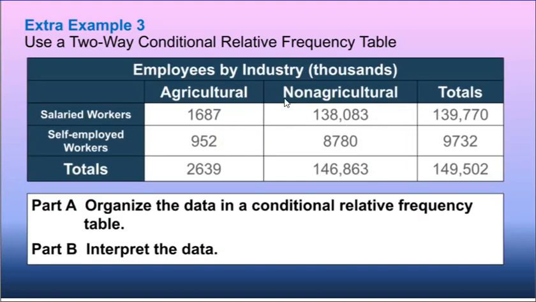So we are comparing going down vertically. So I'm going to have to divide by the totals of each one of these. So this one, I'm going to divide by 2639. And these are going to be divided by 146,863.